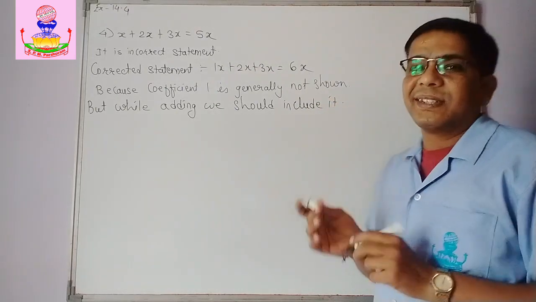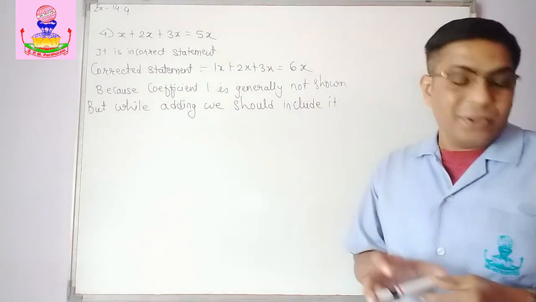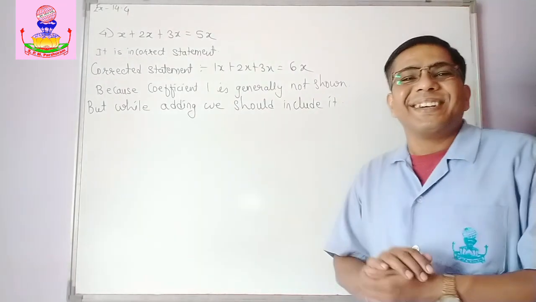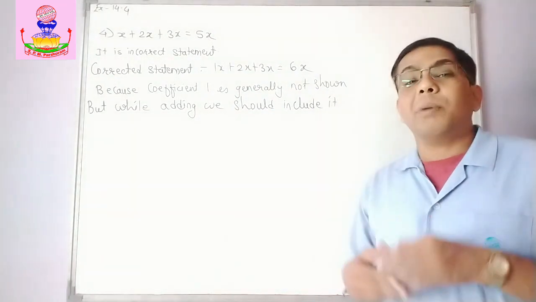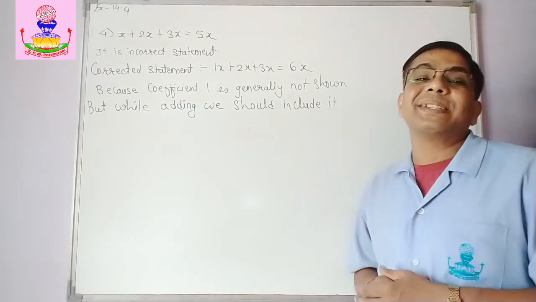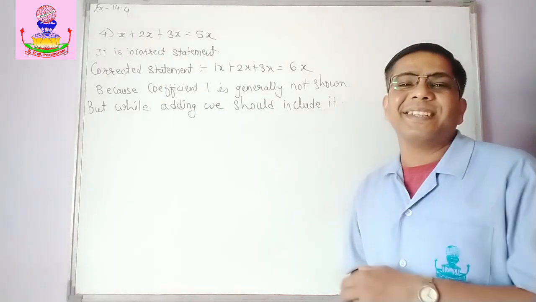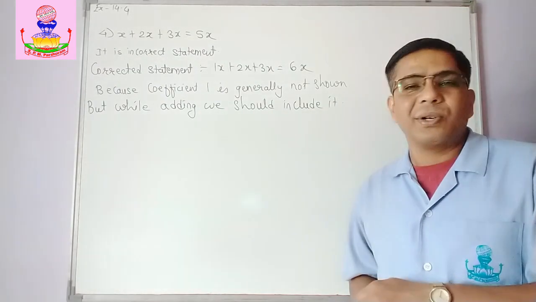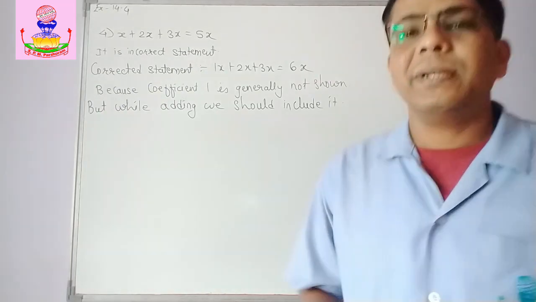Okay, if you learn this, you overcome the common errors that you make while solving such examples, and definitely this part will help you. Okay, so now the next example.